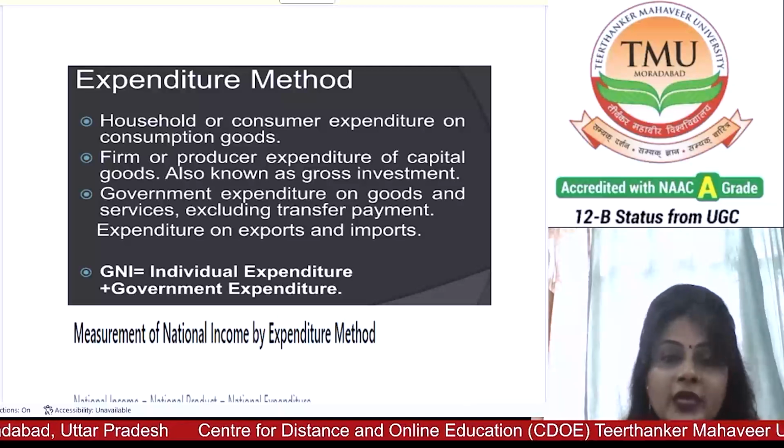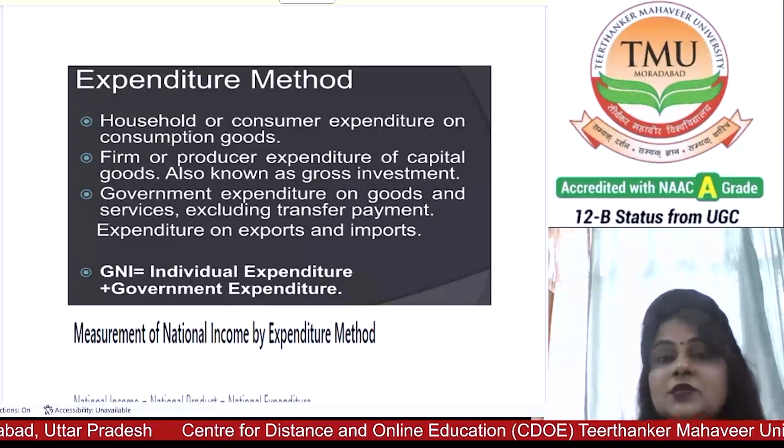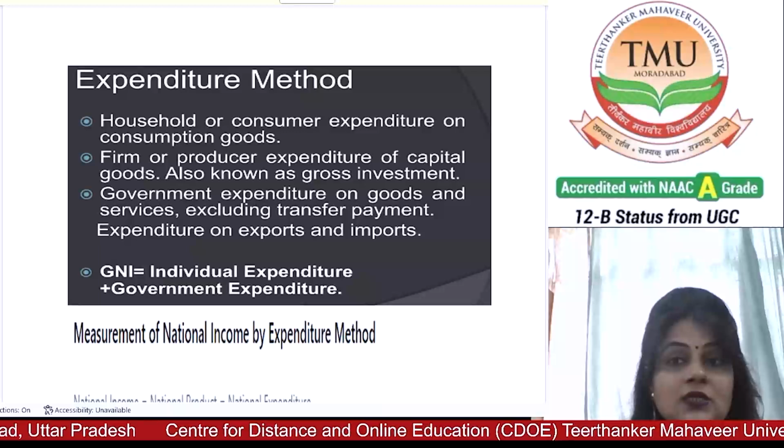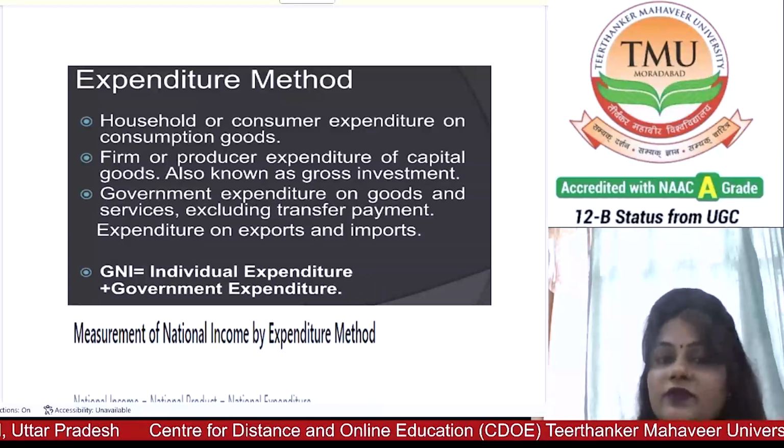In simple terms, consumption expenditure includes household consumption of goods and services.